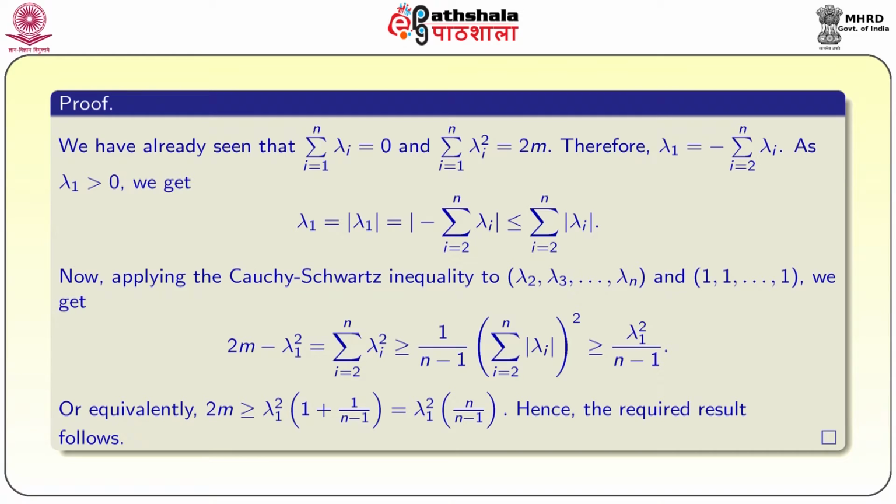Equivalently, 2m is greater than or equal to lambda 1 square times (1 plus 1 by n minus 1), which is equal to lambda 1 square times n by n minus 1. Hence, the required result follows.